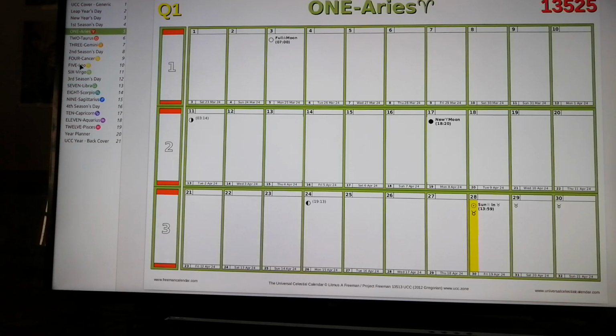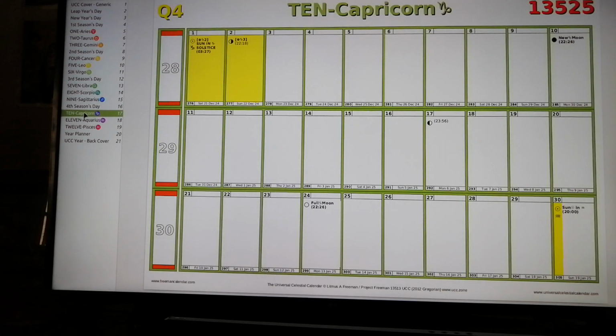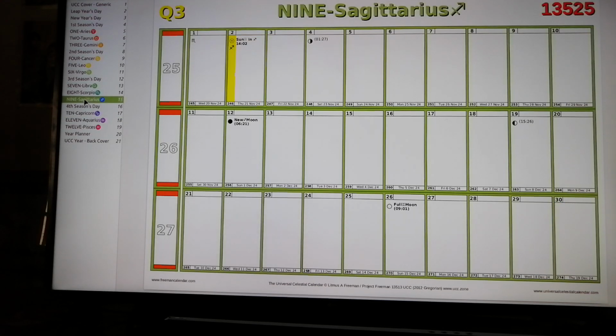So let's have a look. So say, I don't know, let's have a look at winter Capricorn, because I'm doing this now at the end of Sagittarius. All right, today is actually the 19th of Sagittarius, the day I'm recording this, which is in the Gregorian this year is a Sunday, the 8th of December.